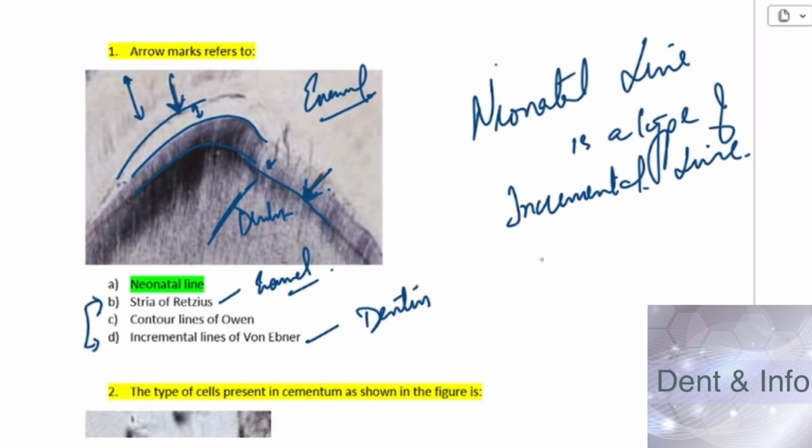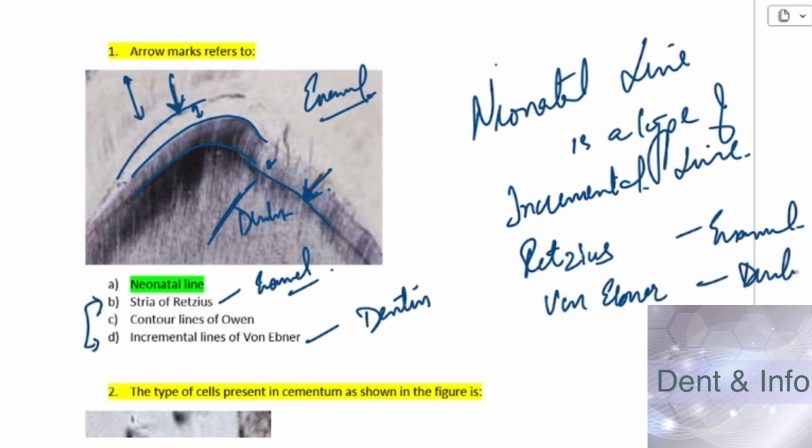We know that incremental lines are called by Retzius, the scientist who discovered them, in enamel. In dentine, they are called von Ebner. In bone, we call them resting lines, and in cementum, they are named after the scientist Salter.